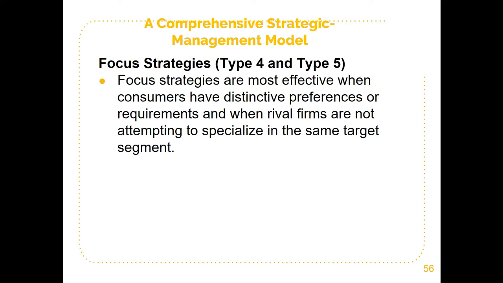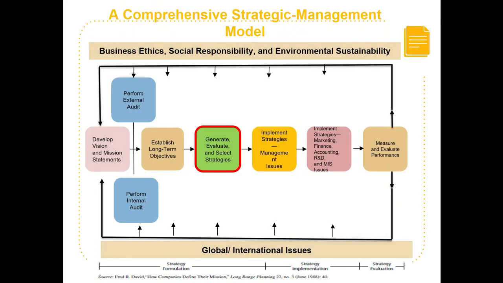So we're done with the different strategies. Let's now continue with the next process of your strategic management model. So in here, okay, after we establish the long-term objectives, we have now to generate, evaluate, and select strategies. Okay.